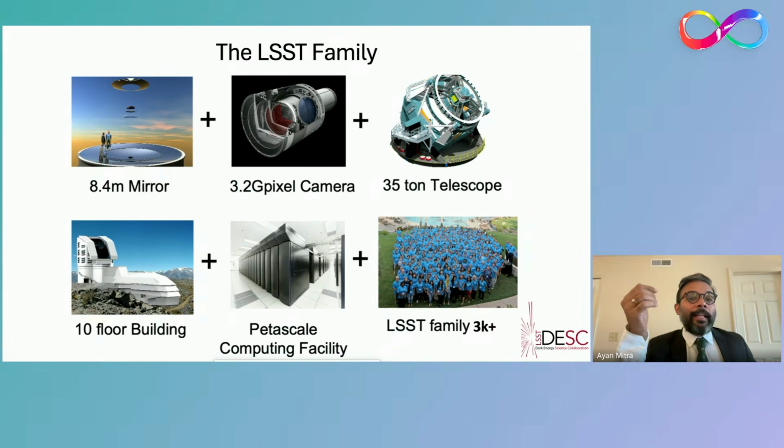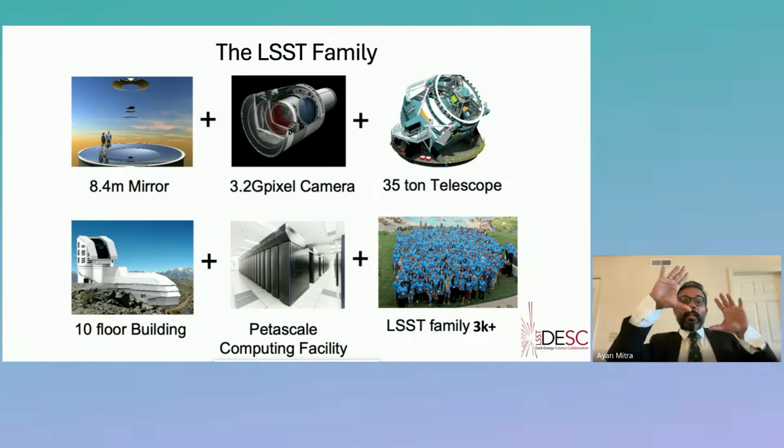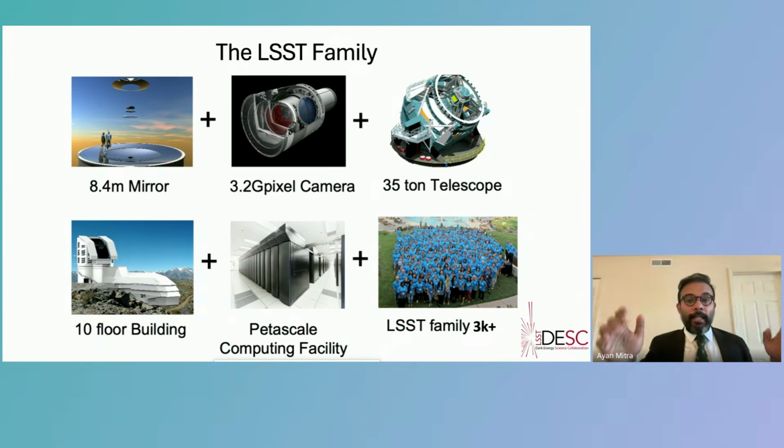The LSST will have 3.2 gigapixels. That is the biggest digital camera ever built on Earth, built by, I think, Carl Zeiss, and the lens is also built by Carl Zeiss, an 8.4 meter class mirror. The telescope dome is huge, with 35 tons of floors in the building.